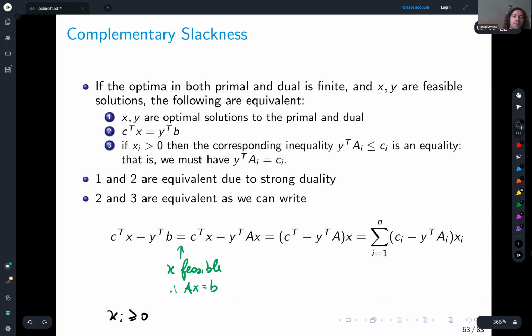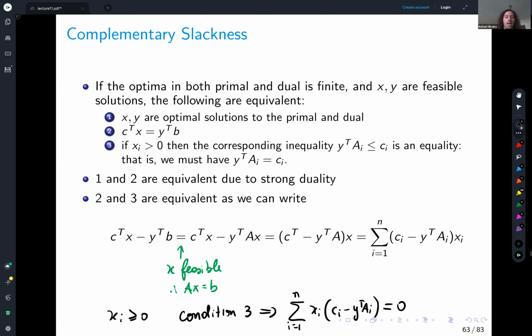But condition 3 implies that this sum, i equals 1 up to n, of x_i times (c_i minus y transpose a_i), is equal to 0, which implies that c transpose x minus y transpose b is equal to 0.